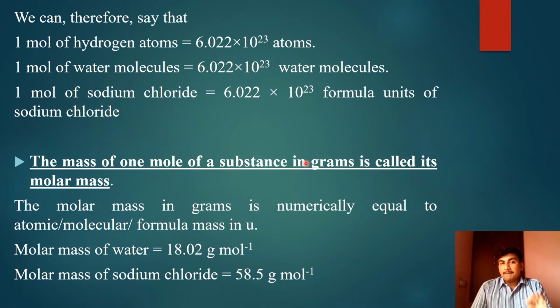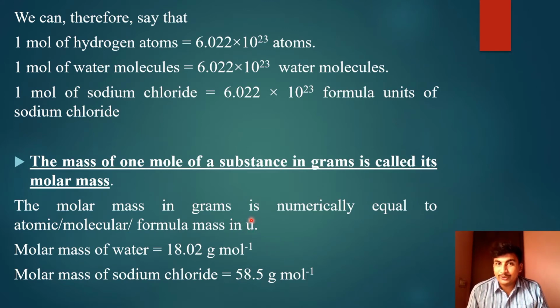Here the mass of 1 mole of a substance in grams is equal to its molar mass. Before examples, the molar mass in grams is numerically equal to the atomic, molecular or formula mass in unified mass units. This is very important.